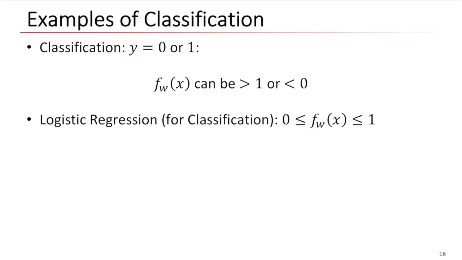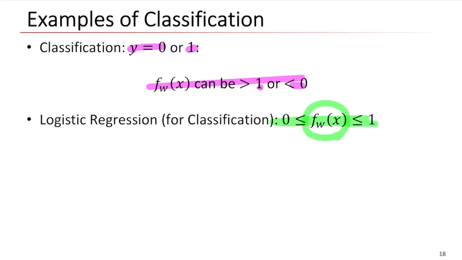In classification, we have to find the output y equal to 0 or y equal to 1. Actually, this mapping function can be larger than 1 or less than 0, but generally, to make the computation tractable, we use a mapping function that looks like this.